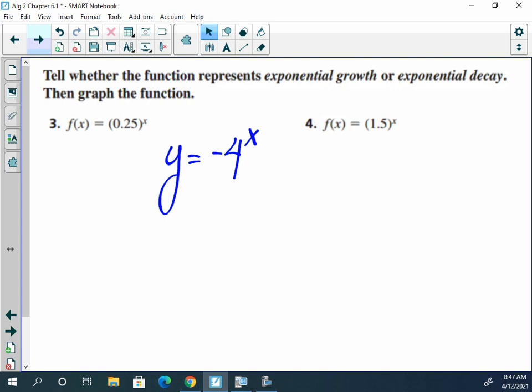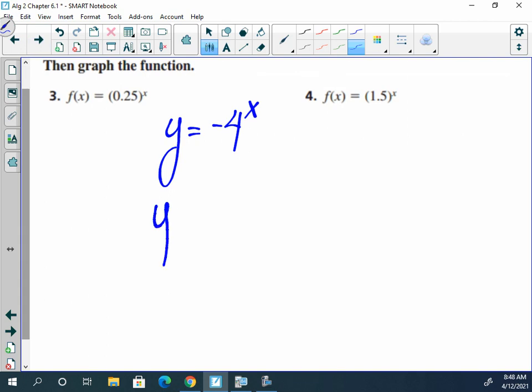Without it, it's just applied to the 2. So here, this x is only being applied to the 4. So really what we're looking at is -1 times 4 to the x, so b is still greater than 1.